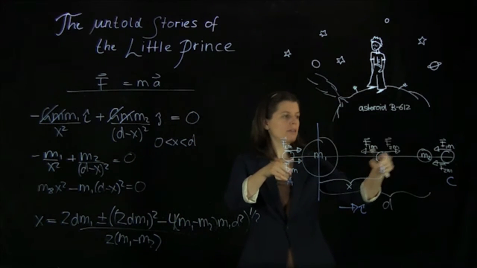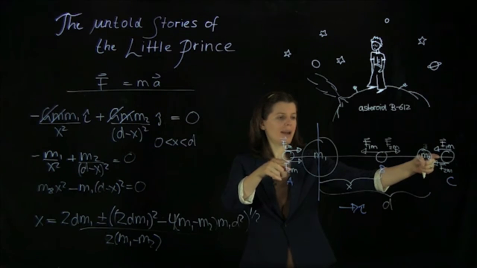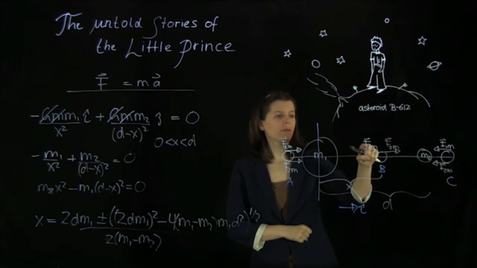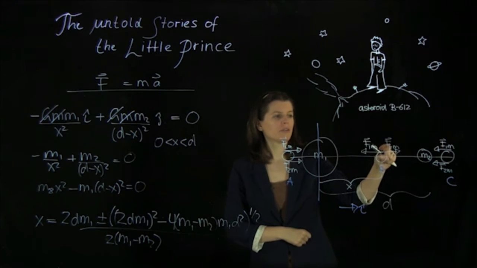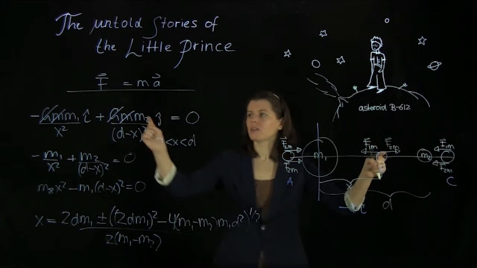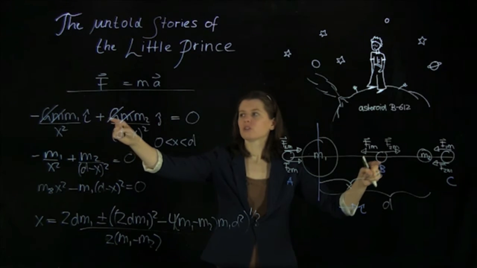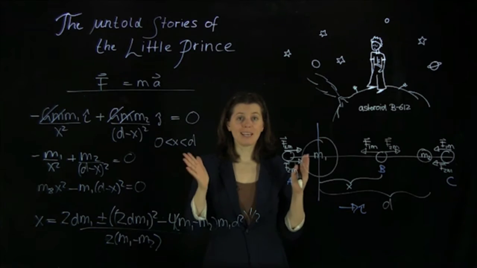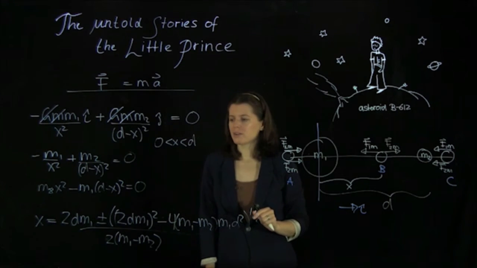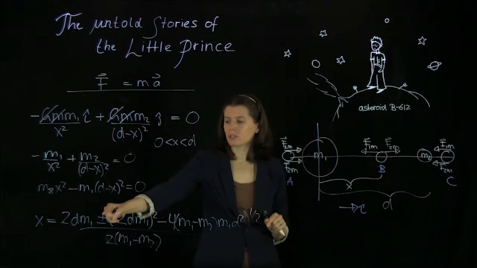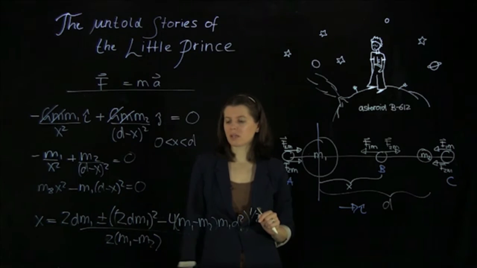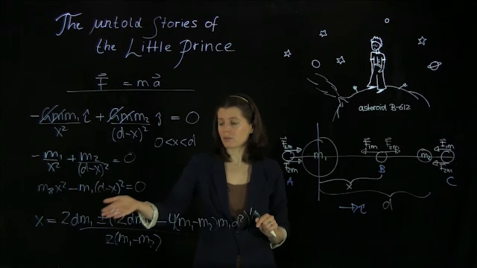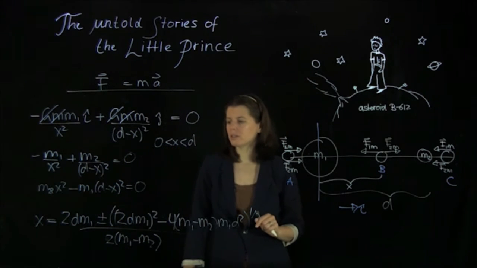If, in position C, my x is larger than d, which means this force here flips sign, and then this would be different. So this plus here refers to x being less than d. And we have to decide which of the two signs here gives us the correct result, which fulfills this requirement here.